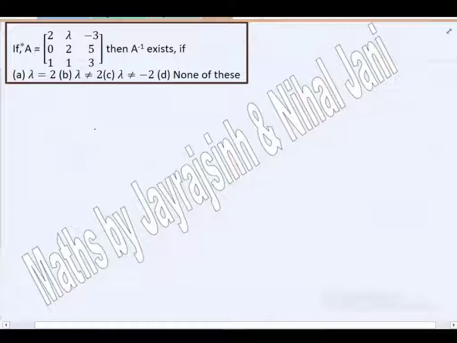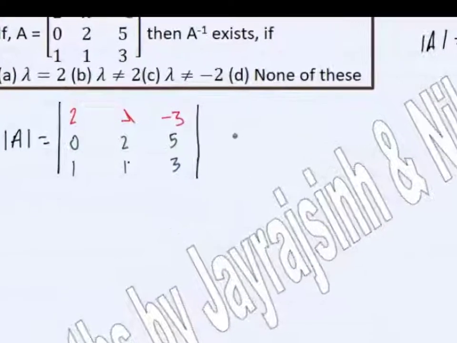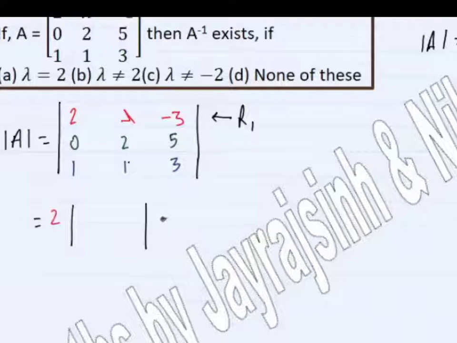Here we have one matrix A, and A inverse exists for matrix A, and for that the necessary condition is determinant of A should not be equal to 0. So let's use this condition to get the proper answer. Let's find out determinant of A, and for that you have to expand with respect to the first row. So the elements of the first row: 2 and its determinant, minus lambda and its determinant, plus minus 3 and its determinant.